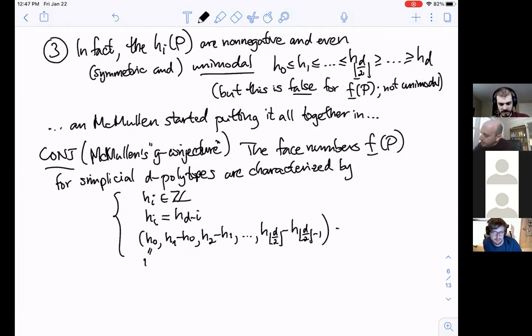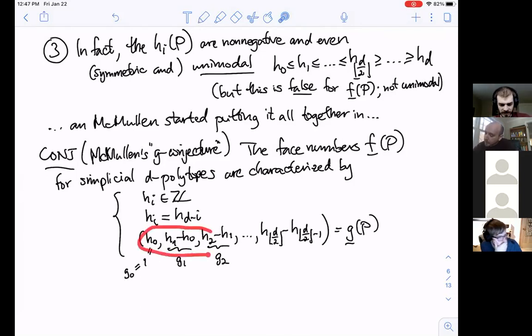He called this thing the g-vector. So he called this g_0, g_1, g_2. And what he conjectured is that this sequence of numbers was giving us the dimensions of the homogeneous pieces in a graded ring that was generated in degree 1.